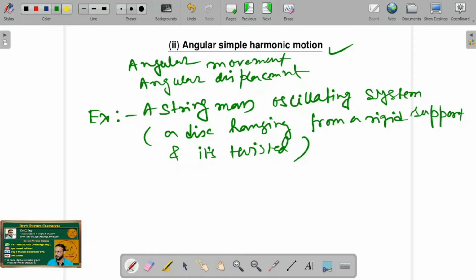So it will execute angular simple harmonic motion. For that case also we have to determine the solution of the angular simple harmonic motion.